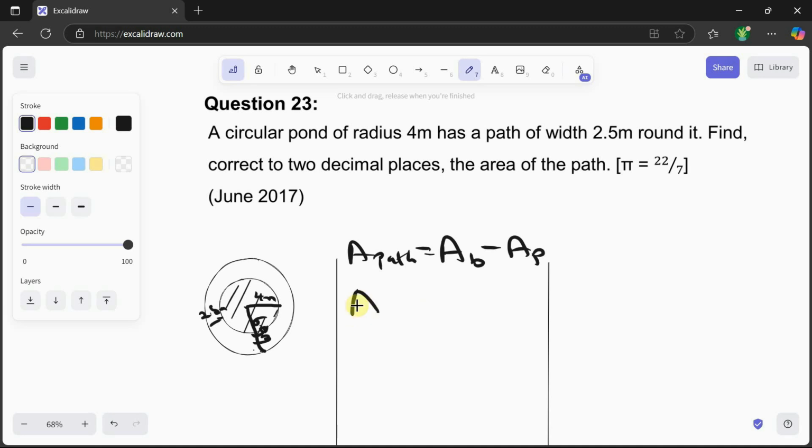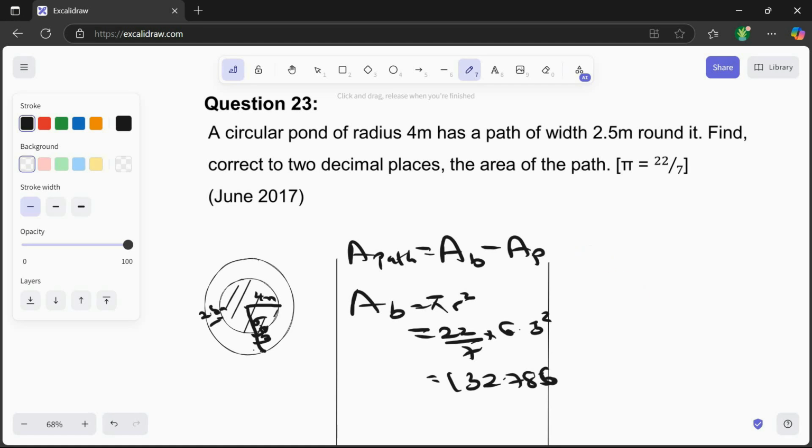So the area of the big circle is pi r squared, right? And that will be 22/7 times the r, which is 6.5, all squared. Let's punch that in. 22 divided by 7 times 6.5 all squared gives 132.785, or 786 if I'm going to 3 decimal places.